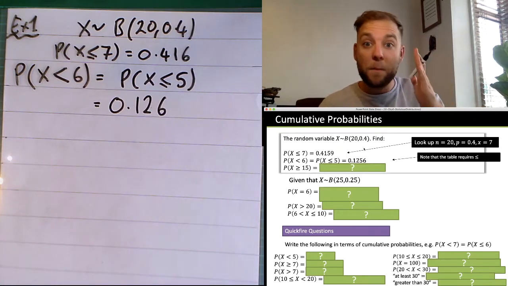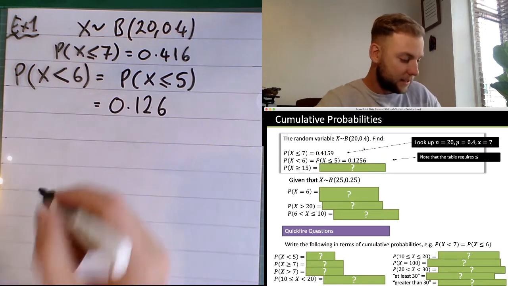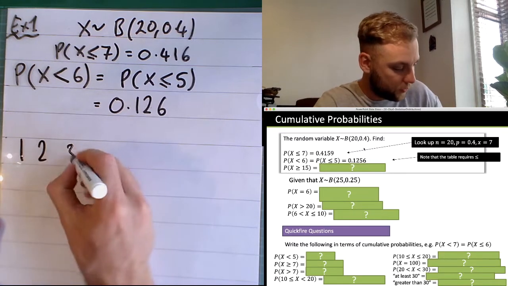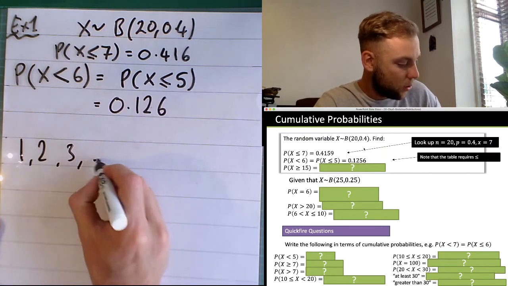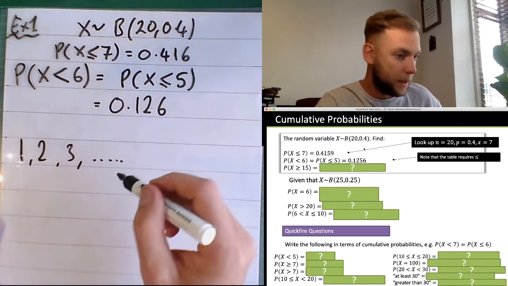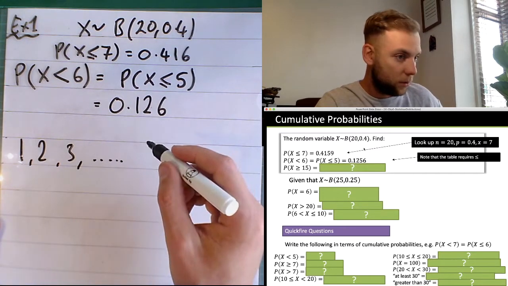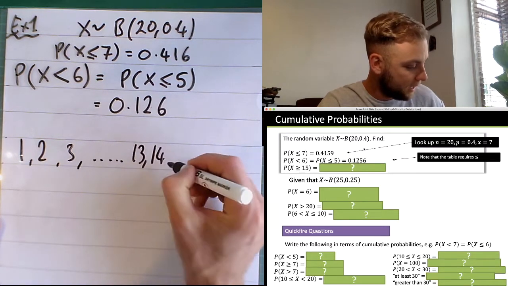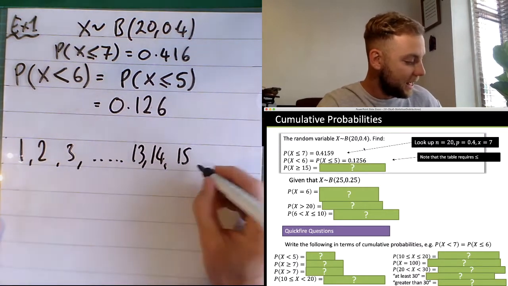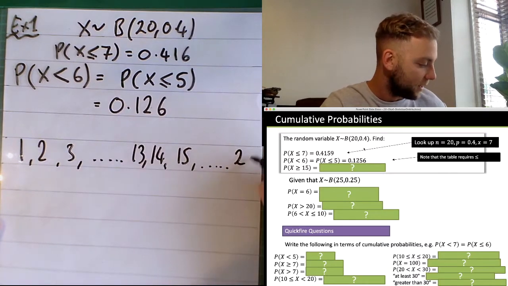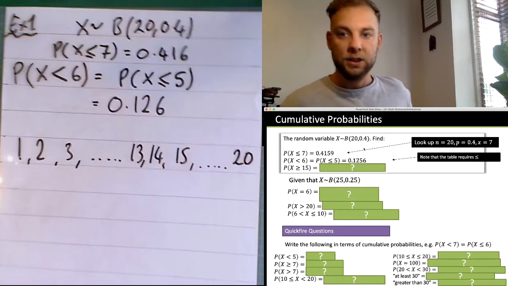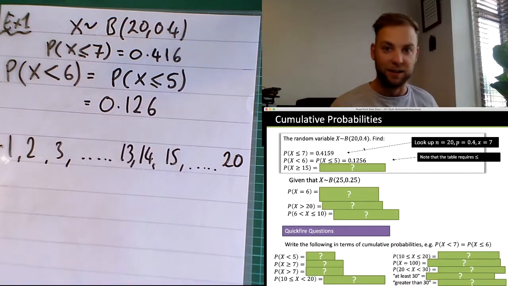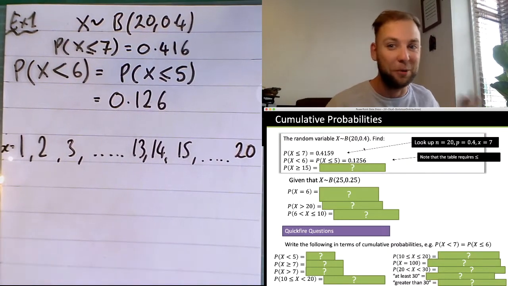So if we remember always that it's discrete, it means I'm going to have values which range from 1, 2, 3, all of these, all the way up to 13, 14, 15, okay? And then these are going to continue up to 20, okay? So we've got 1, 2, these are all our x values, okay? X is going to be going from 1 all the way up to 20. It would be nice if we had a smaller amount of x's here for this, but it doesn't matter.